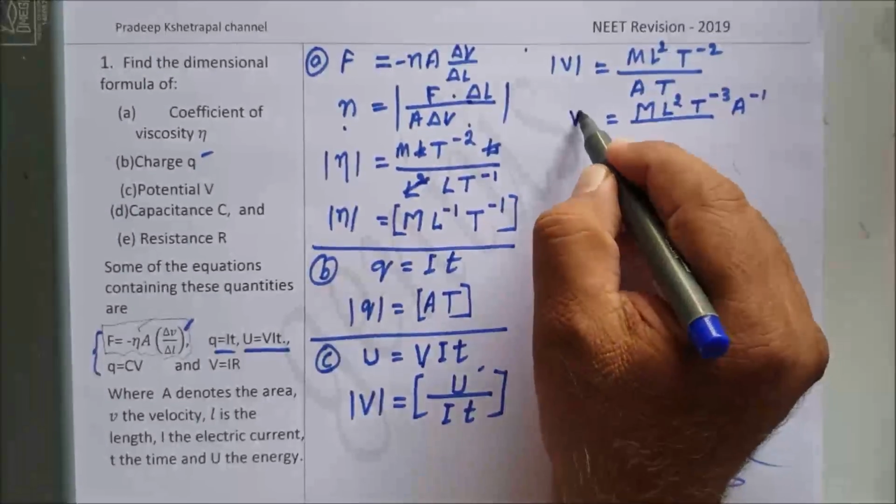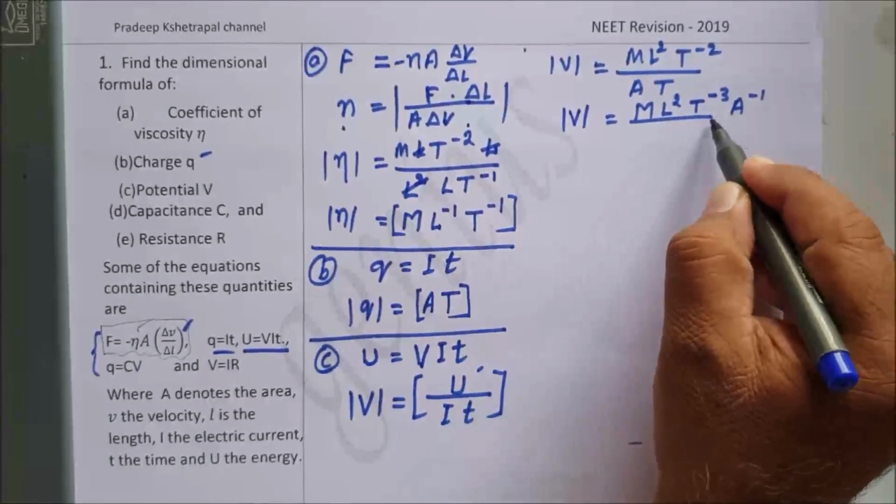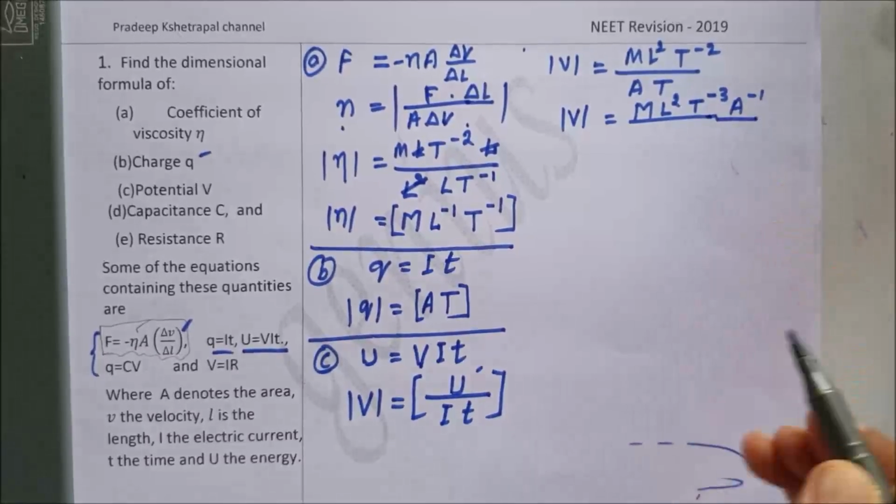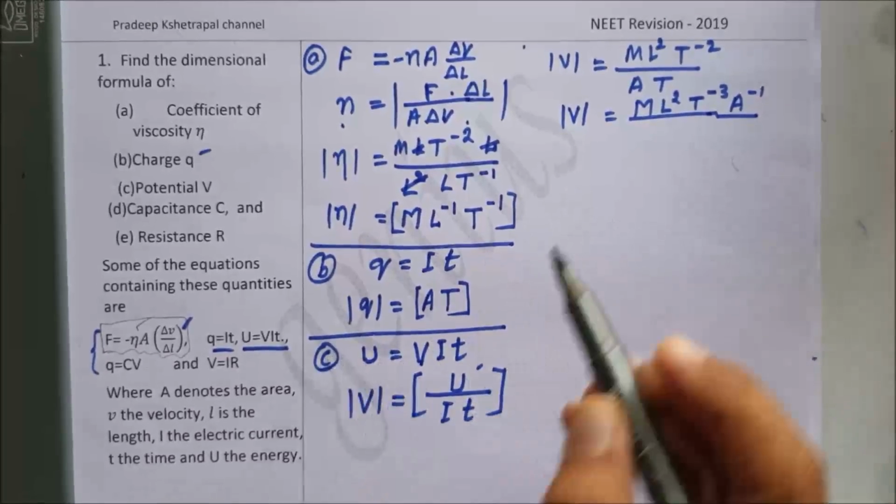So we get the dimensions of potential as M L squared T minus 3 A minus 1. This is our answer for C.